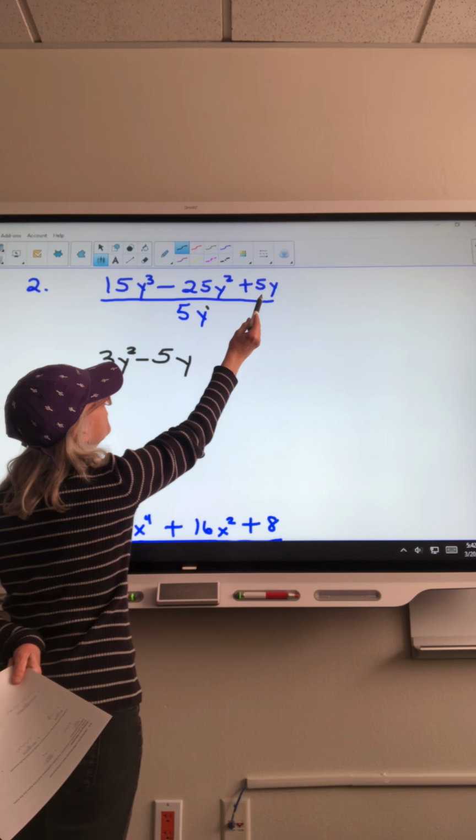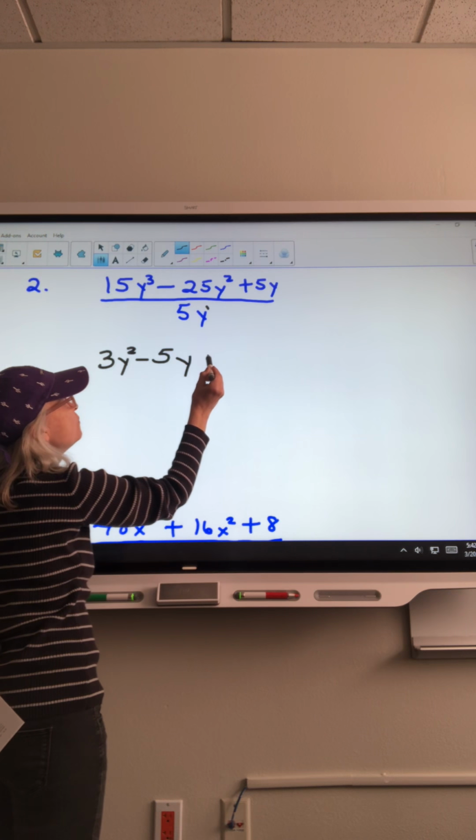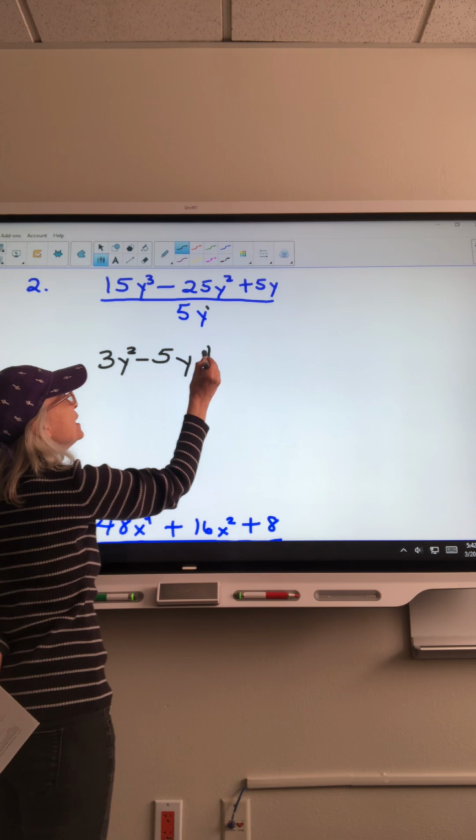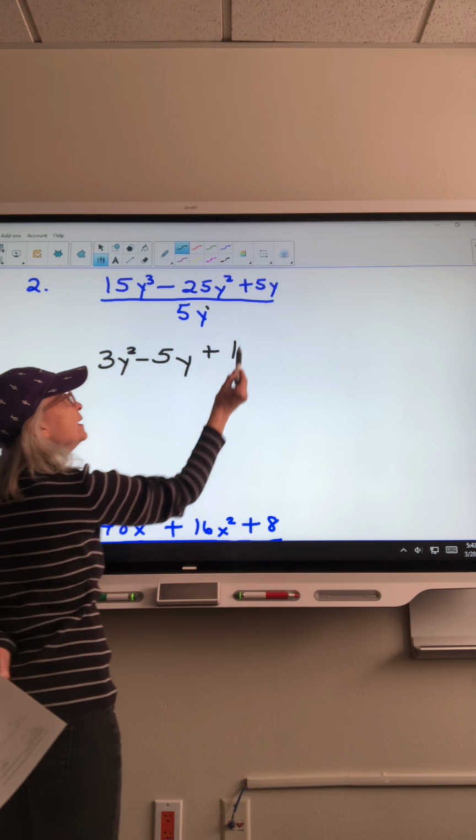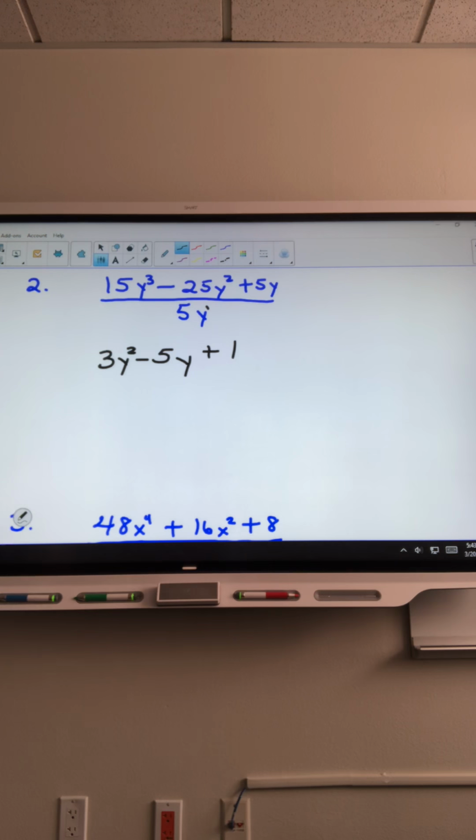And then 5y divided by 5y would be a positive 1, because 5 divided by 5 is 1, and then the y's would just disappear. Okay. All right, and then number 3.